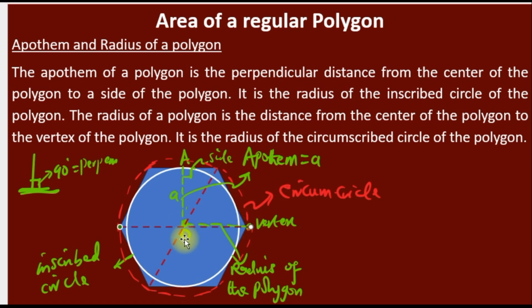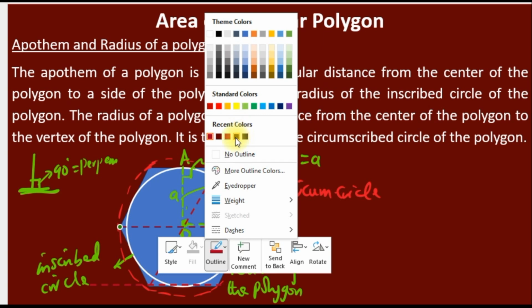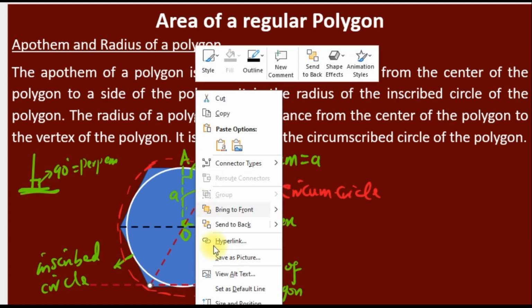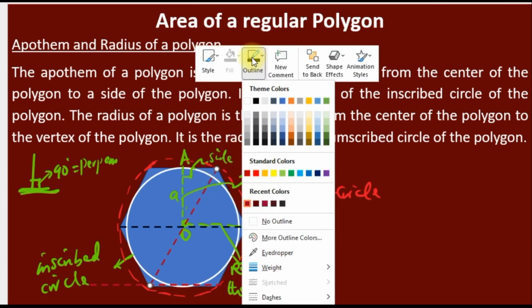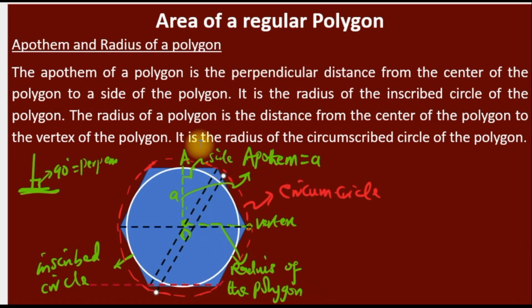Let me change to black. So let's join. We want to get a formula for that. We're almost done.